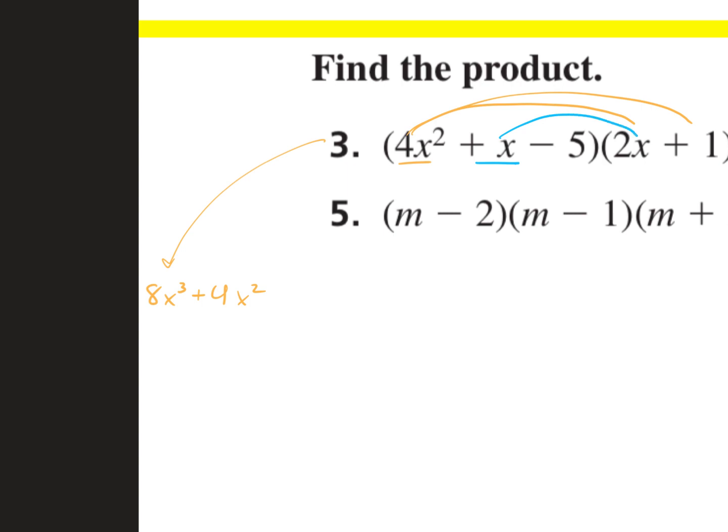What is x times 2x? 2x squared. Then x times 1, x. And then we can move on to negative 5. Negative 5 times 2x. Negative 10x. And negative 5 times 1, negative 5.